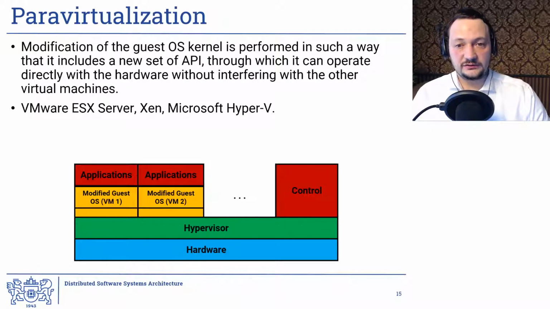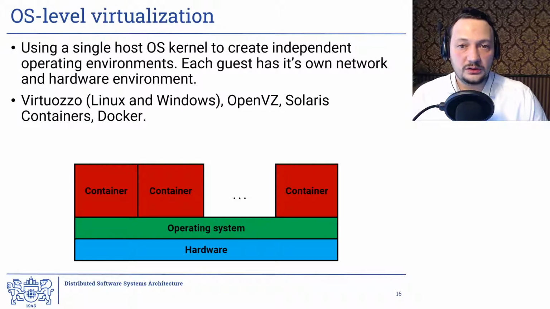But this is not all, and this is not the most effective way to organize the usage of server resources. We have one more way to organize it: OS level virtualization. OS level virtualization uses a single host operating system kernel to create independent operating environments.